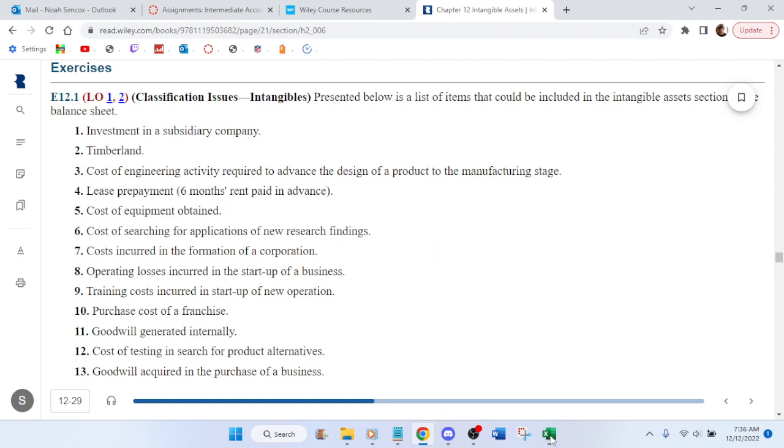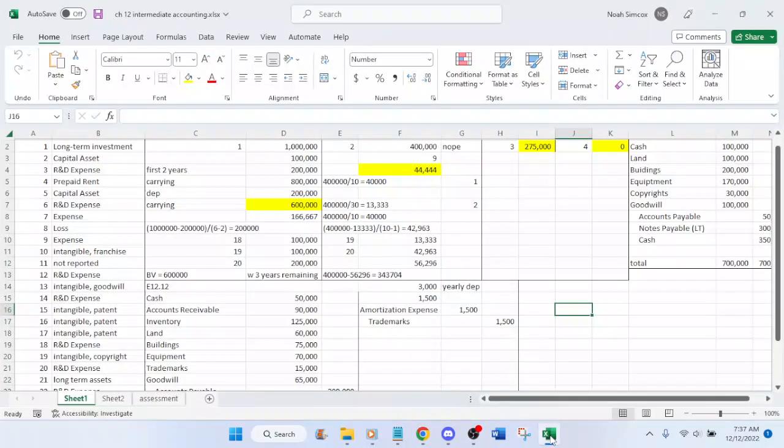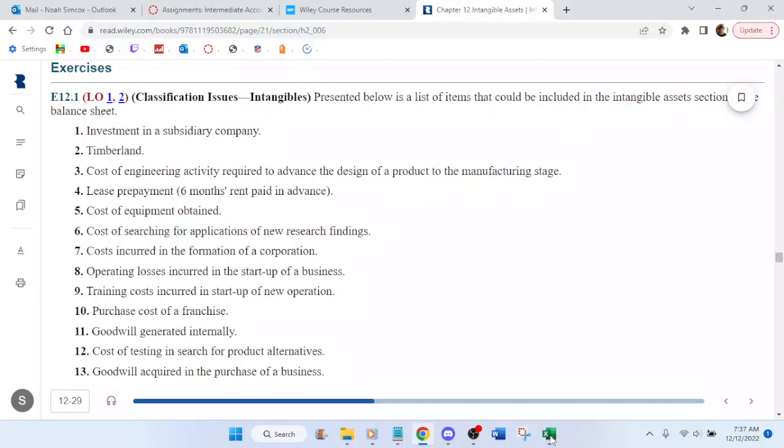Okay, cost of engineering activity required to advance the design of a product. Is it R&D expense? Lease prepayment. So we have a thingy.